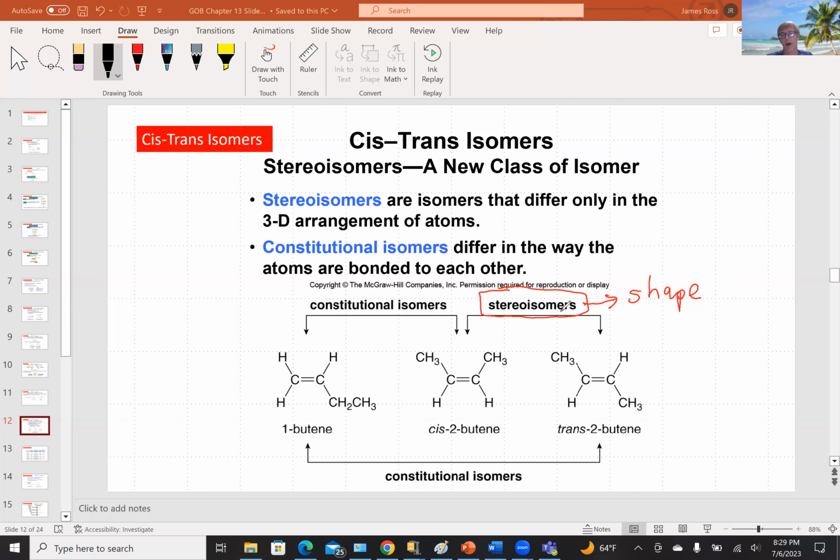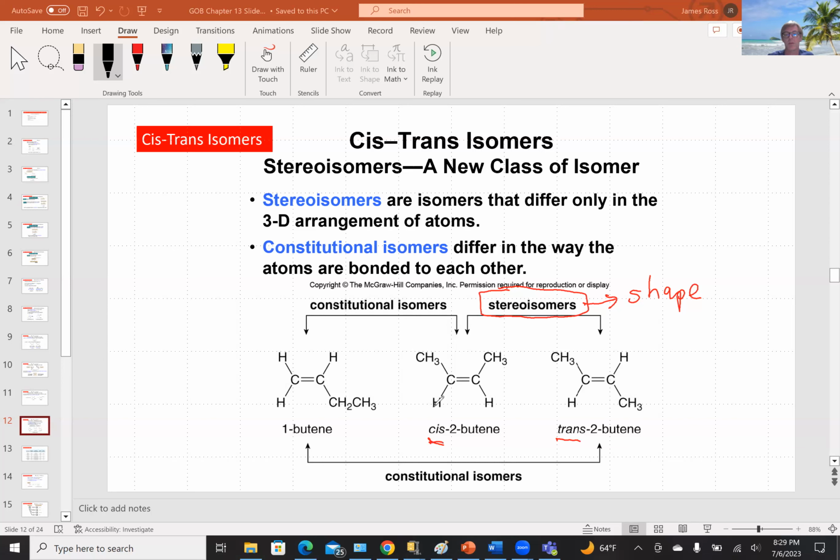So again, we know they're isomers because they have the same number of carbons and hydrogens. They have the same number of constituents. But they'd be related as stereoisomers because of this cis-trans relationship.